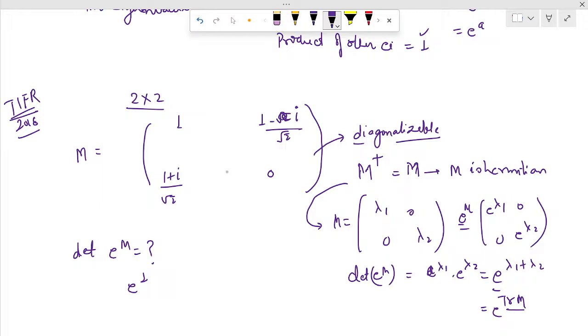Almost similar question you will find. I think this was asked in JEST also this year. Okay, similar question, exactly similar question almost.